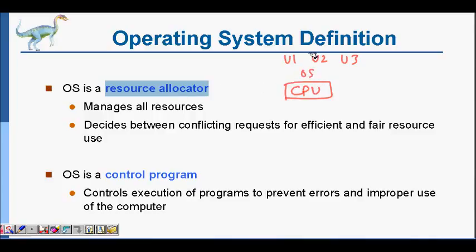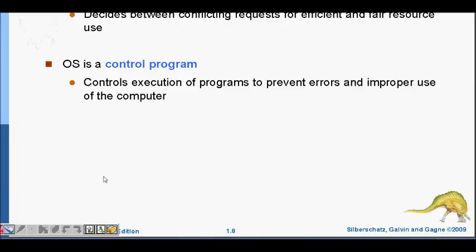So the OS is the one who decides which user will run now, which user will run after that, and so on, deciding between conflicting requests. And the OS is basically a control program, which controls execution of programs to prevent errors and improper use of the computer. So if someone is trying to utilize something improperly, it will give an error or prevent the error.